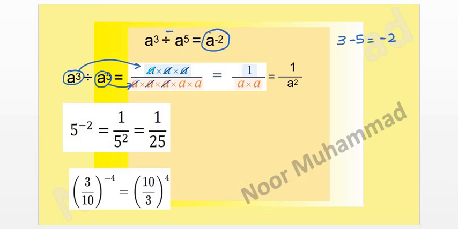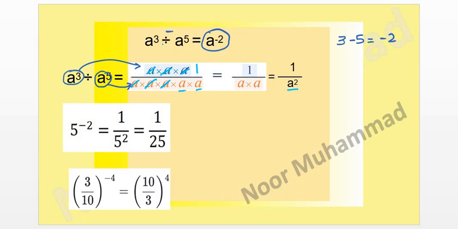The first a cancels with the first, the second with the second, the third with the third. Let's see what is left. In the numerator, because all have been cancelled, it's 1, and in the denominator a times a is left. That means repeated multiplication, so it's going to be a to the power 2.